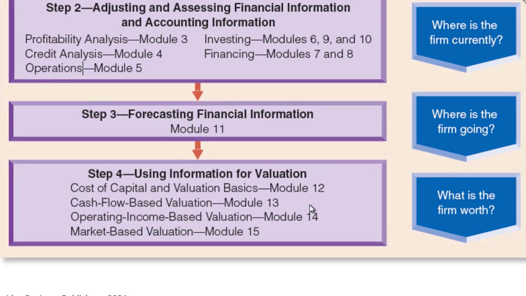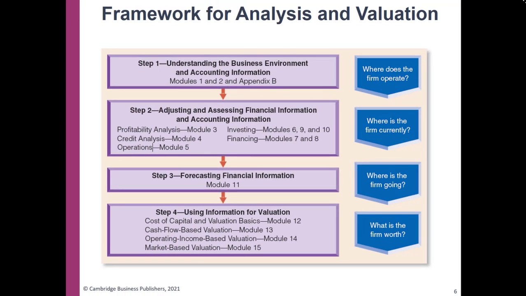Finally, Step 4 consists of Modules 12 through 15, and there we explore how the forecasted information is used in a variety of valuation methods. The valuation estimates based on forecasted numbers help answer the question, what is the firm worth? And so with that as an introduction to the book, let's now turn to Learning Objective 1.